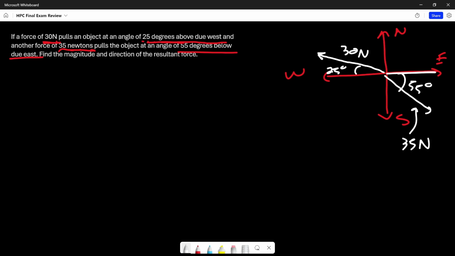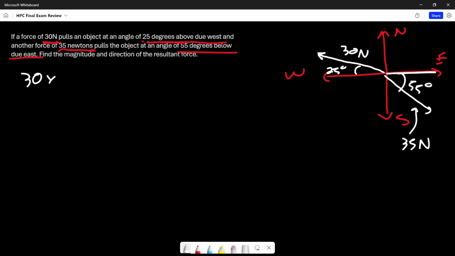So we'll start with our first vector over here. That will essentially be our magnitude times our vector angle. And remember, we're going from the positive x-axis here. So technically what we're doing is going 180 minus 25. So our vector angle in this case is not 25 degrees.